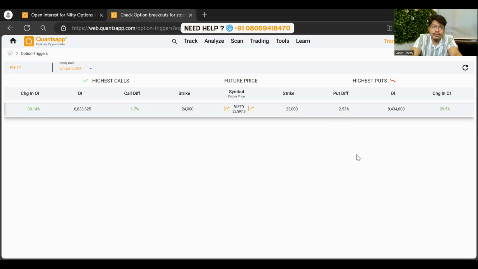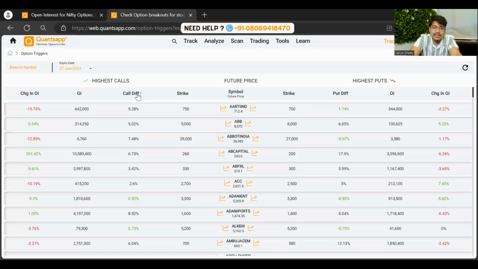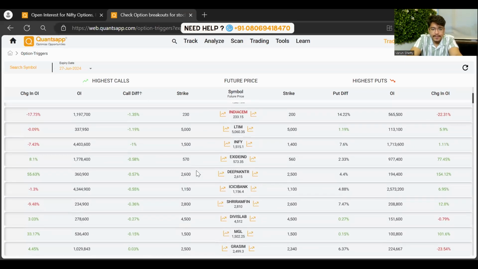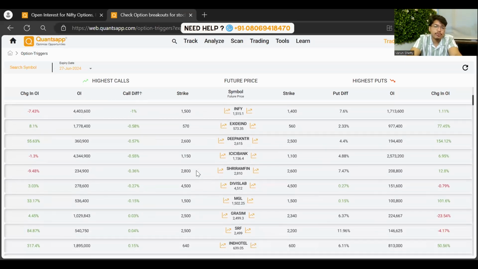Alright. So for call difference and put difference, if the breakout is pending and there is no breakout or breakdown, then both will be positive. It can be negative as well, and I will show you some examples of negative. Let me take an example. Let us look at Infosys.